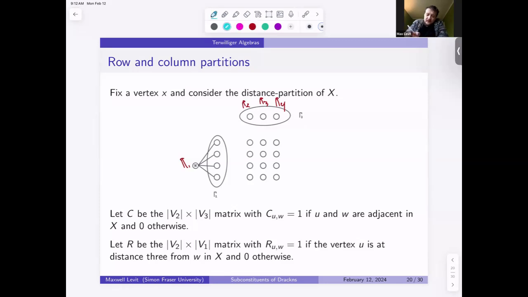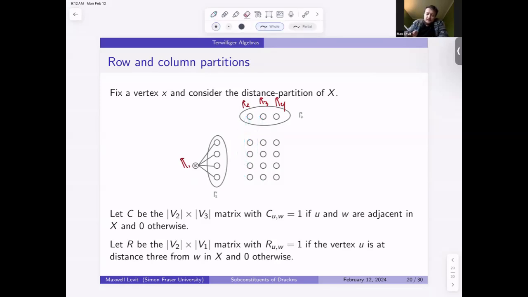So we can always organize this: these are the neighbors of R2, these are the neighbors of R3, and so on. So I can always sort my rows this way so that my columns look like this.